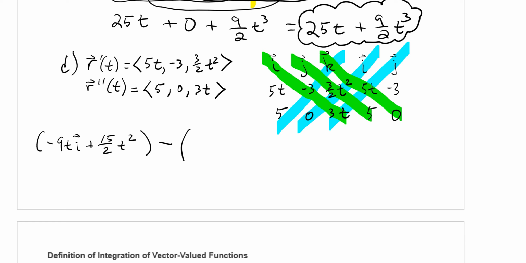So the first one is going to be negative 15k and then plus. Second one is going to be 0 because of the presence of this 0 here. And the last one is going to be plus 15 t squared j.